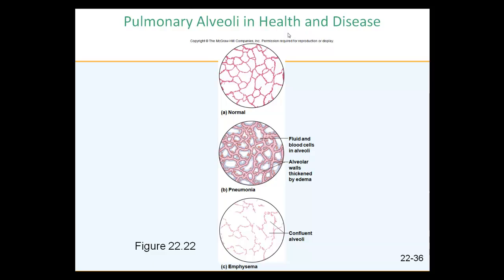So every time you're breathing in, you're not starting from a collapsed lung, you're starting from an almost inflated lung, so it's much easier for the gas exchange to happen.